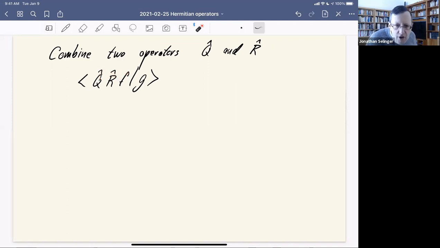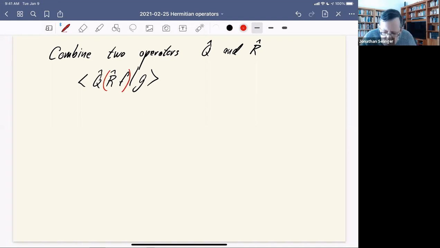Okay. So if we have QR acting on F, now let's try to put that onto the other side of the inner product. We could interpret this as Q acting on RF.